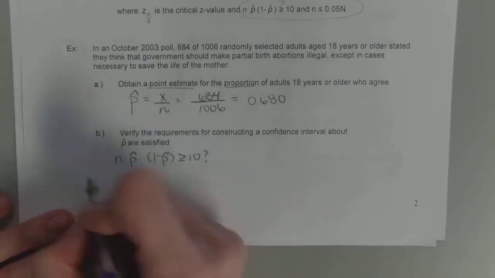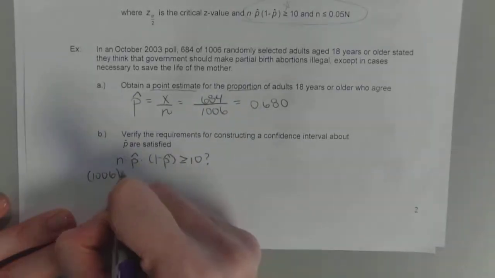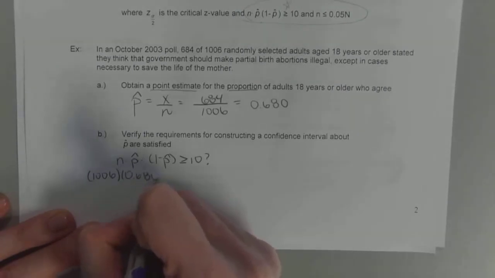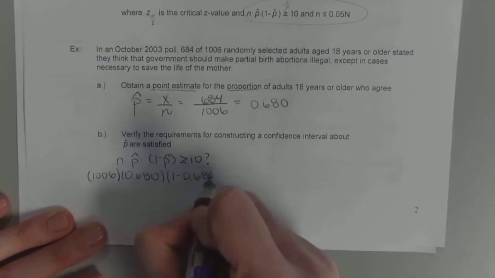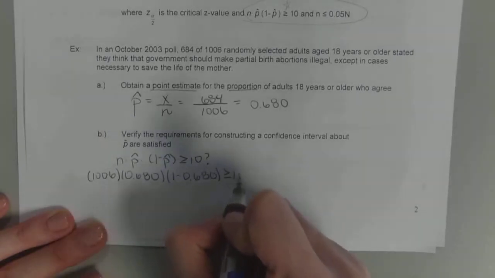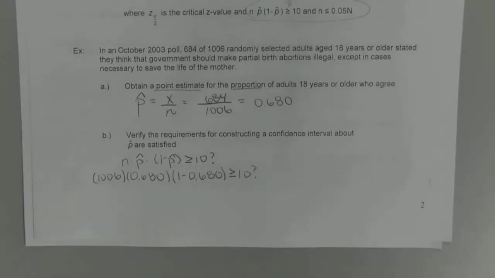So what was our N? How many total people did we ask? 1,006. What was our p hat we just found? 0.680. And then we're going to do 1 minus 0.680. And the question is that greater or equal to 10? So what's nice, guys, is you can put it in your calculator exactly like that.